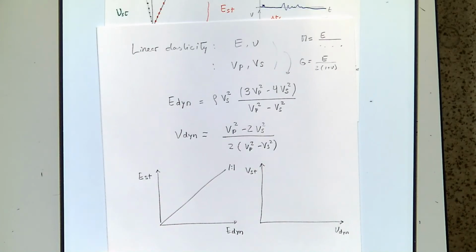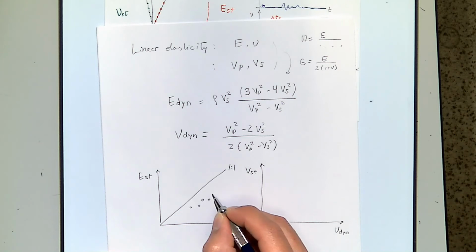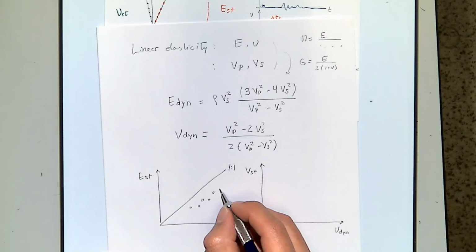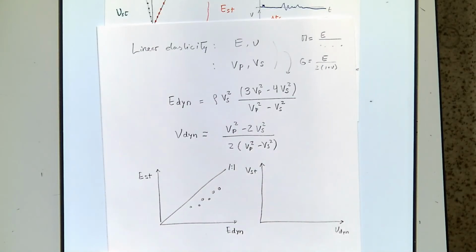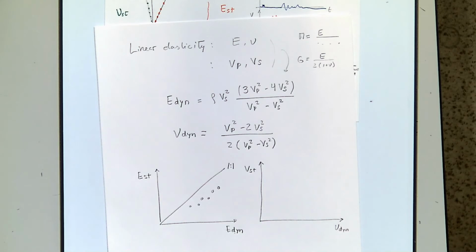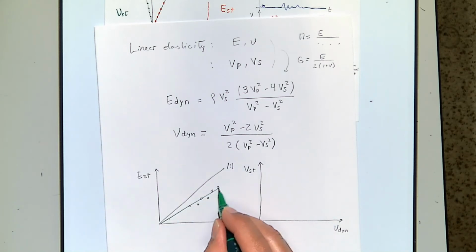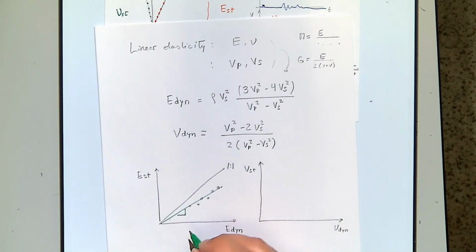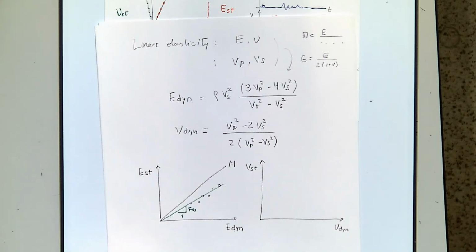But for real materials, what you see is actually, as I was telling you before, that for a given type of rock, you will find that the static is lower than the dynamic, and the relation between those two is going to give you, if this is 1, your proportionality factor FDS.